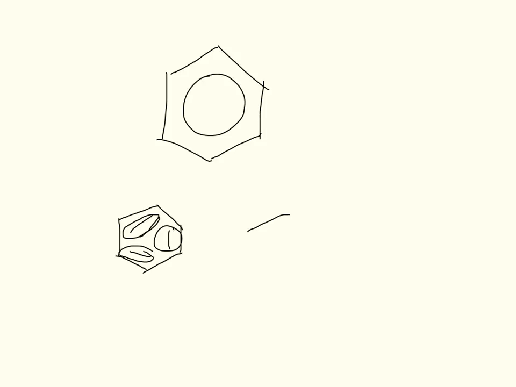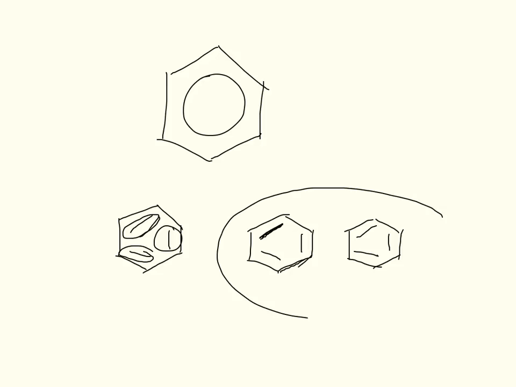In fact, in a sample of benzene, the electrons in all the molecules are not just staying here, but every instant they keep switching between these two structures. So the actual structure is a hybrid of both of these.